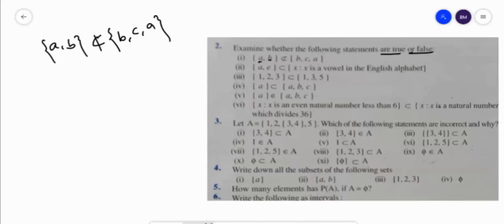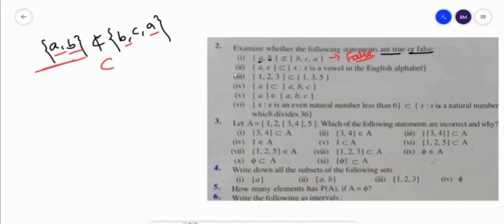Check that all the elements of this set, A and B, are in this set. That implies it will be a subset. So the first one is a false statement.